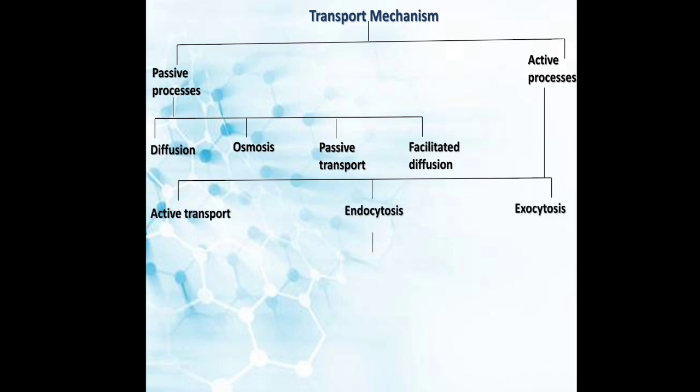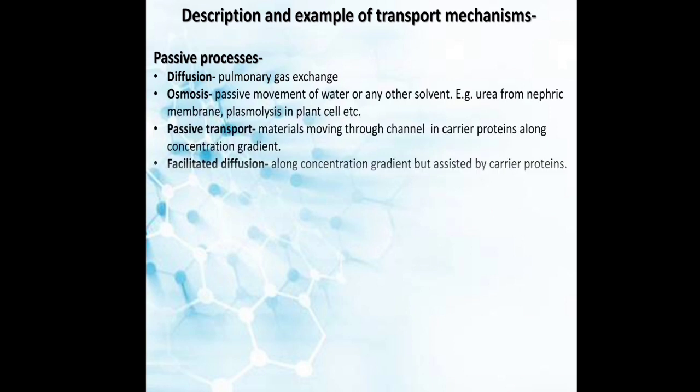The active processes are of three types: active transport, endocytosis and exocytosis. And endocytosis is of two types, pinocytosis and phagocytosis. Let us move on to the more detailed version of this transport mechanism.